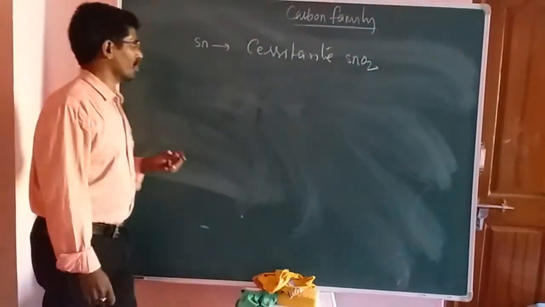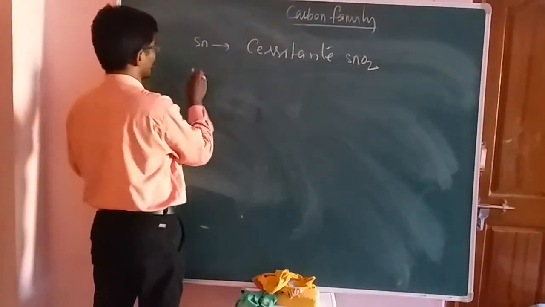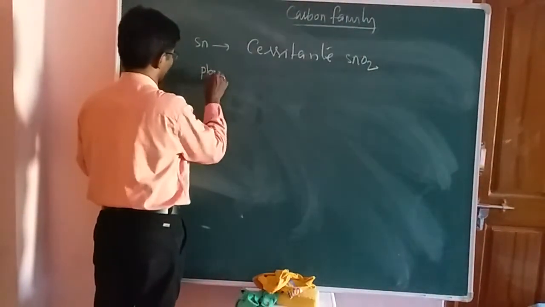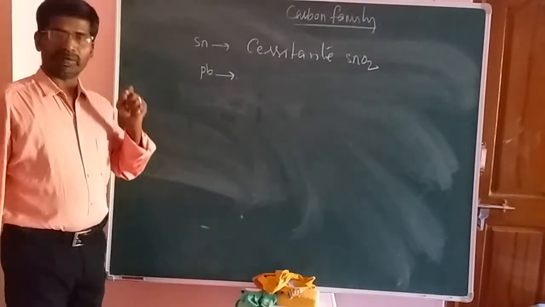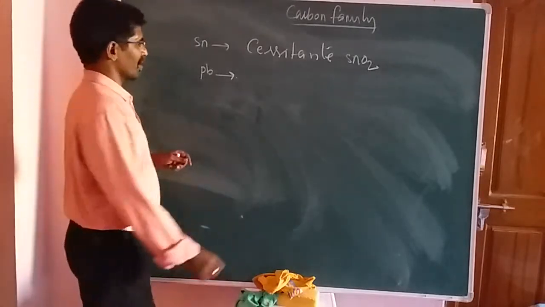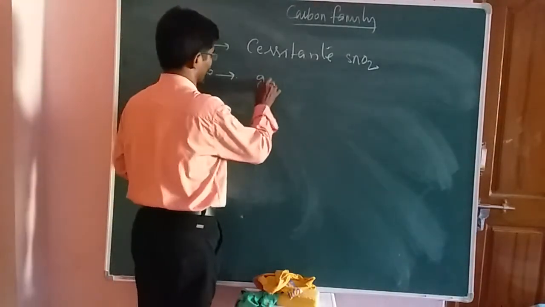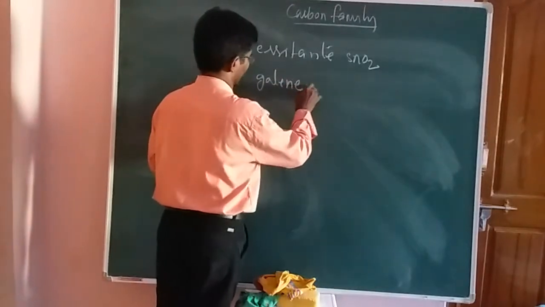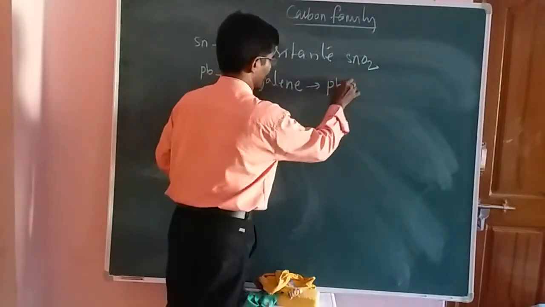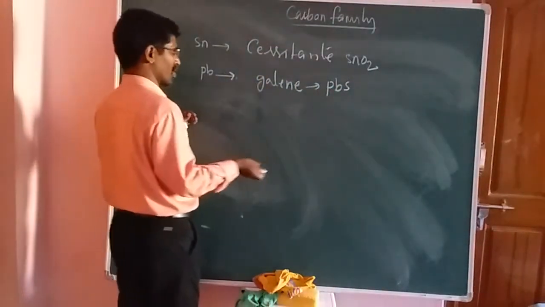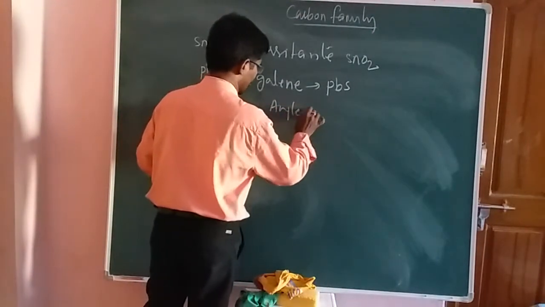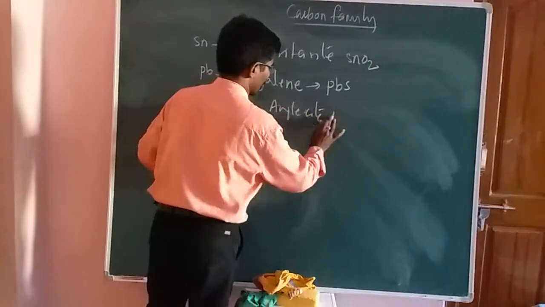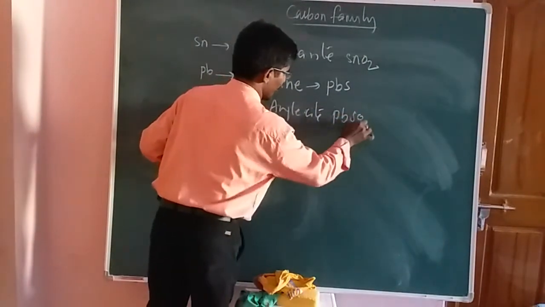The next element is lead. The Pb element is also present in the earth's crust in the form of galena, whose formula is PbS, and another form is anglesite, whose formula is PbSO4.